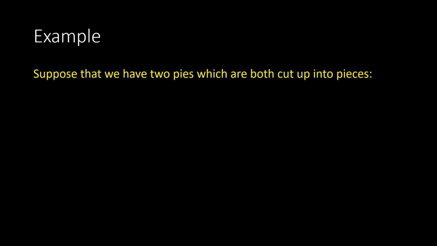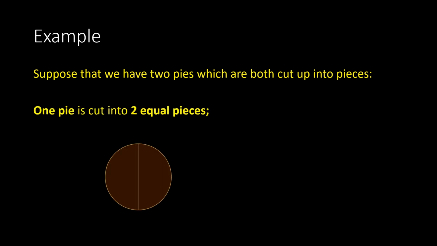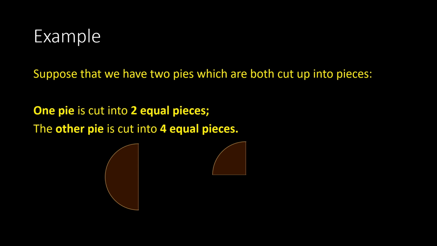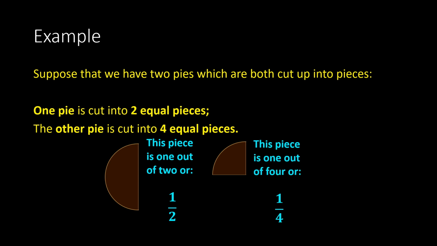Suppose now that we have 2 pies which are both cut up into pieces. One pie is cut into 2 equal pieces, and the other pie is cut into 4 equal pieces. It is not straightforward to add a piece in the pie on the left to a piece of a pie on the right, because the sizes of the pieces are different. So here this piece is 1 out of 2, and this piece is 1 out of 4.